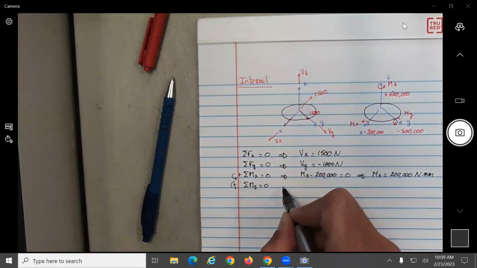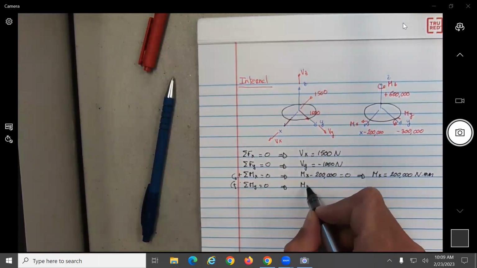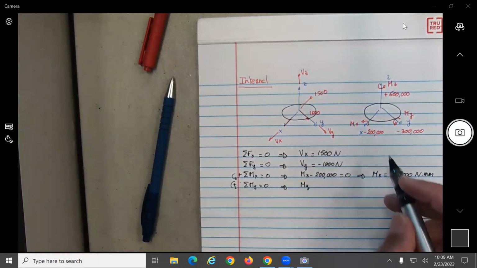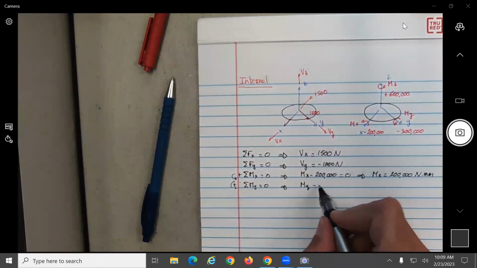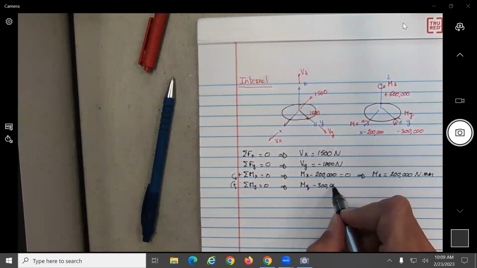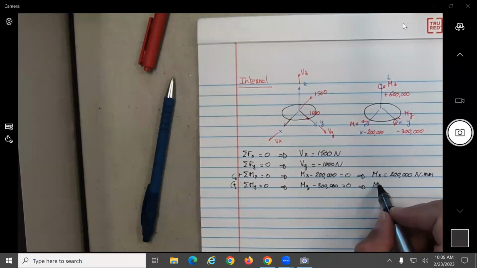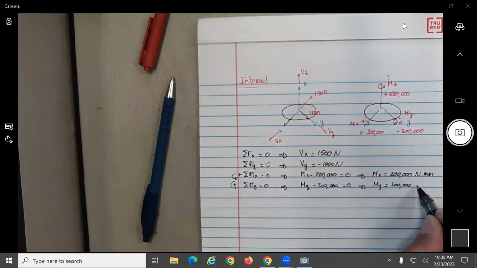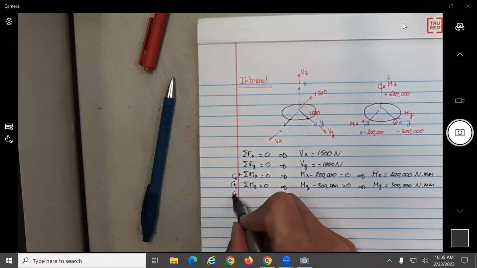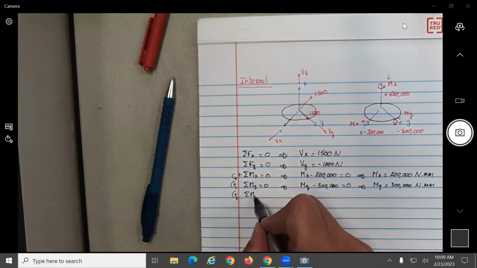On the y equal to 0, this will give you, let's see, My. How much is on the y? So negative, minus 200,000 equal to 0 will give you My equal to 300,000 newtons per millimeter. And then we do the last one about the z.